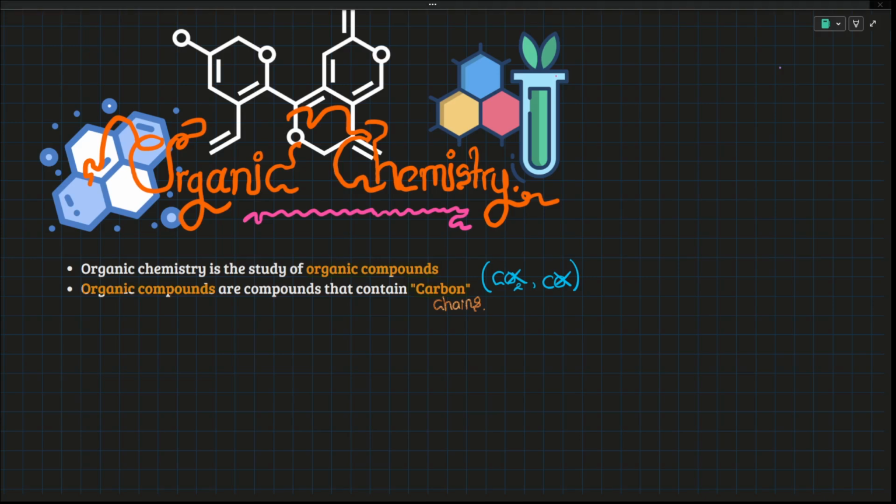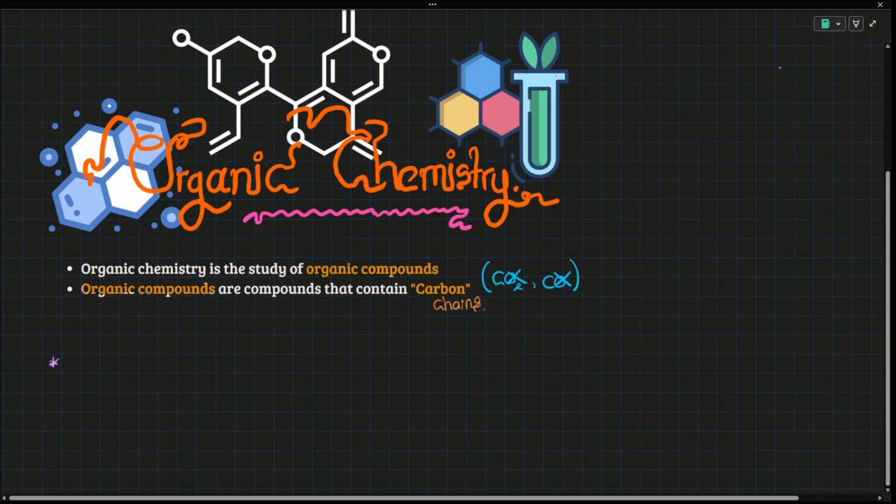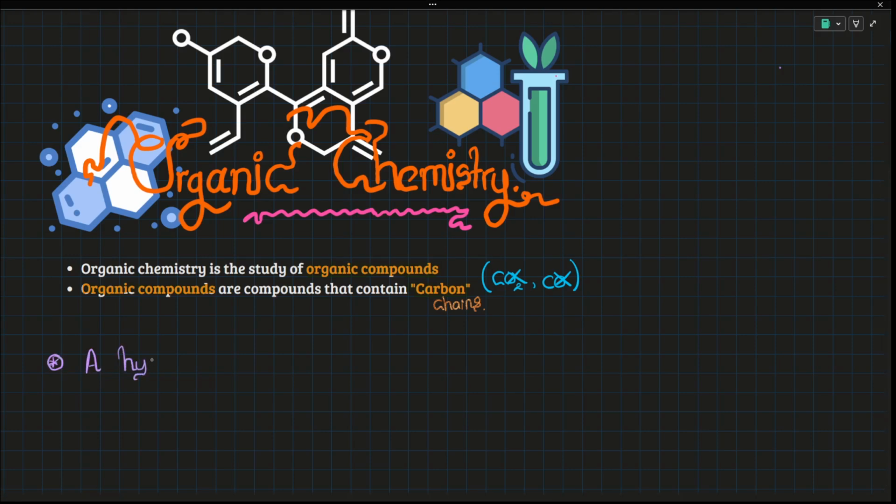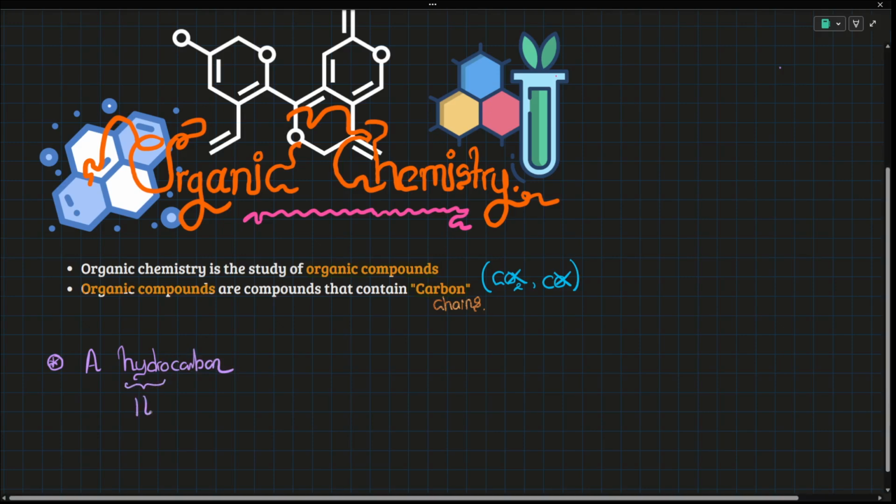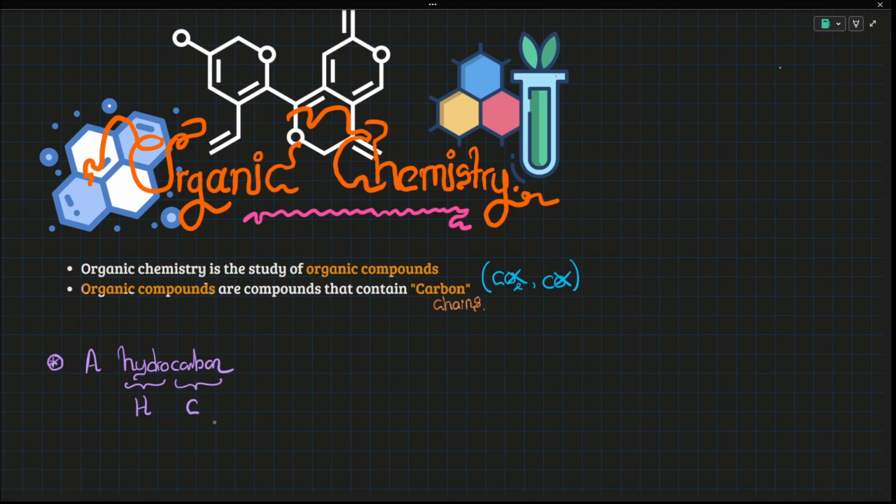Now, before we actually get to the first subtopic of this, I would like to introduce a term that will be very important in the future. We will be talking about what a hydrocarbon is. Now, just by looking at the name, we can see there's some form of hydrogen involvement and some form of carbon involvement.